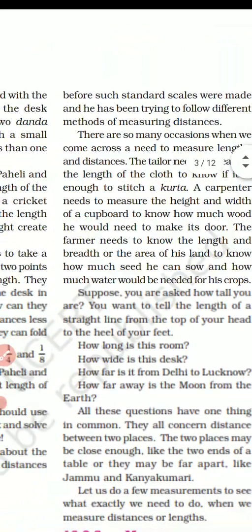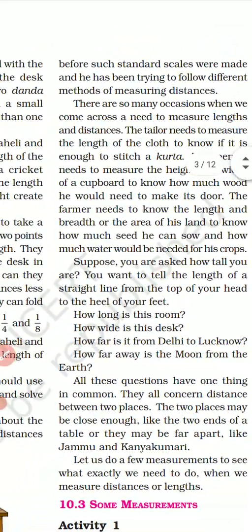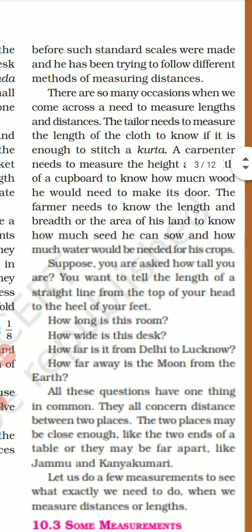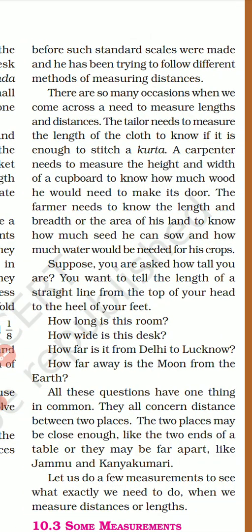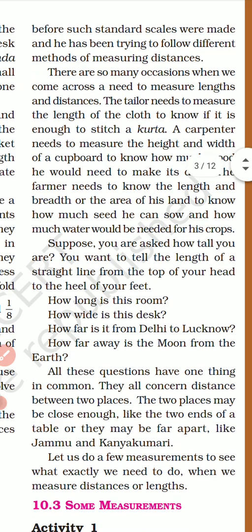They should have used the scale directly. But we are talking about that time when there were no scales, children. So before such standard scales were made, he has been trying to follow the different methods of measuring distances.